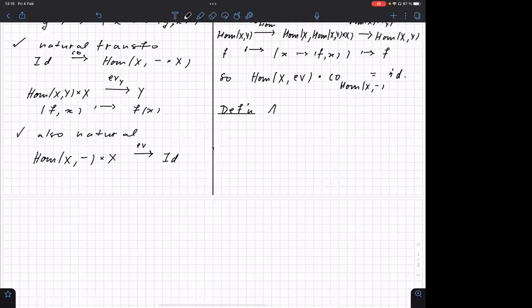So an adjunction, this is what we're defining, between categories C and D is the data of a pair of functors.